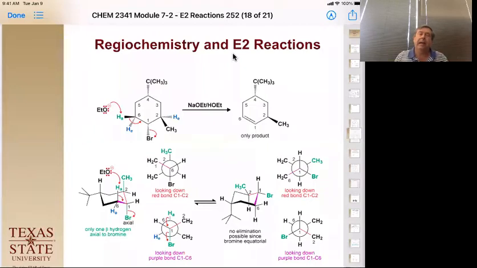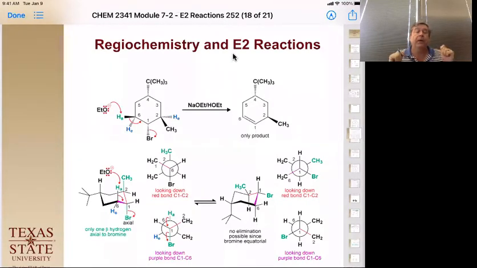If we have to have that hydrogen and that bromine, or that hydrogen and a leaving group, opposite each other, that means we're going to favor one possible product over another possible product because of that ability to form that transition state, okay?